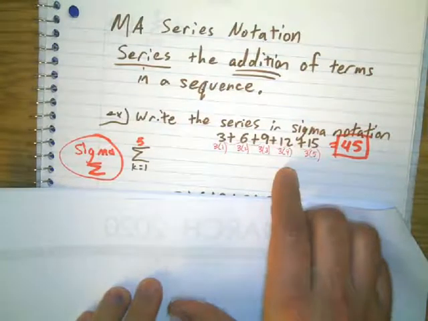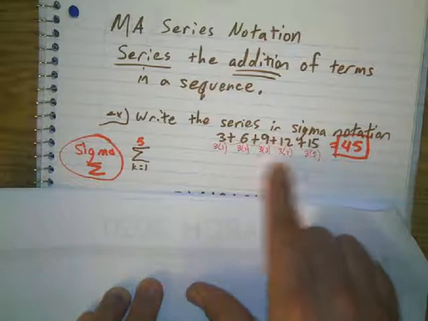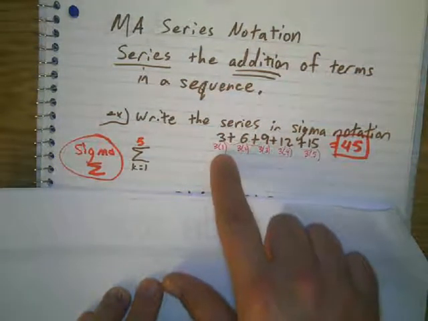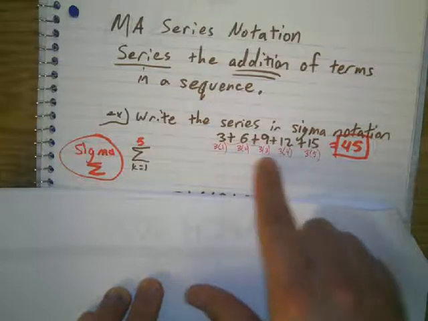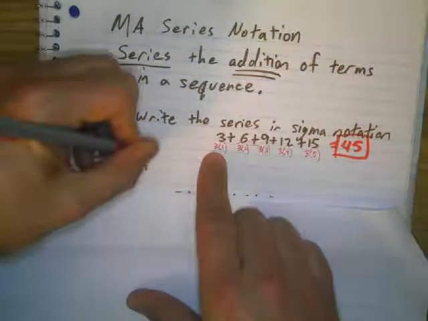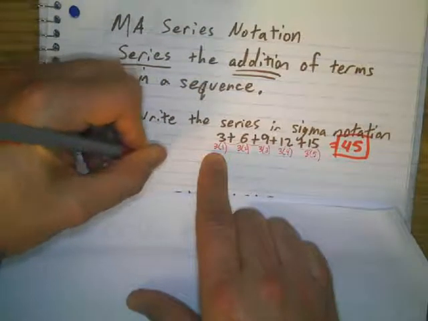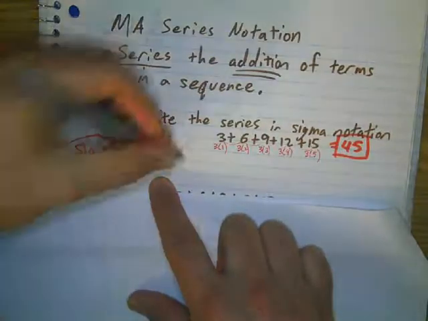So each of these are increased by the value here. The number that we're multiplying by 3 is increased by 1. So we could call this 3 times k. Now let's think about why that makes sense, right?